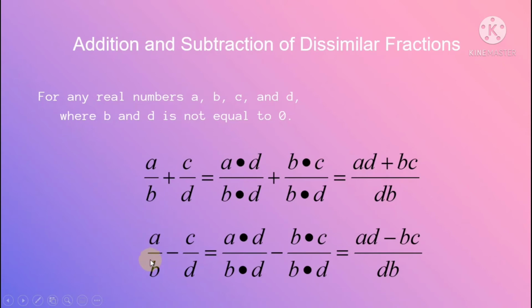Next, A over B minus C over D is equal to A times D over B times D minus B times C over B times D, which is AD minus BC over BD.